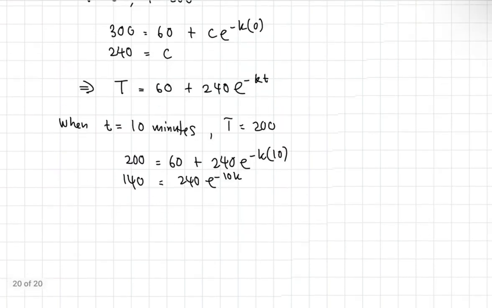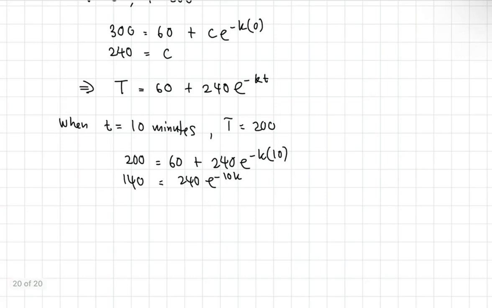So solving for k, this one should be easy for you. 140 divided by 240 equals exponent minus 10k.